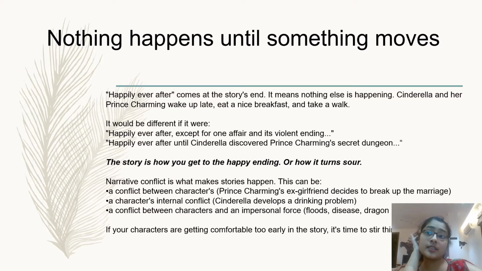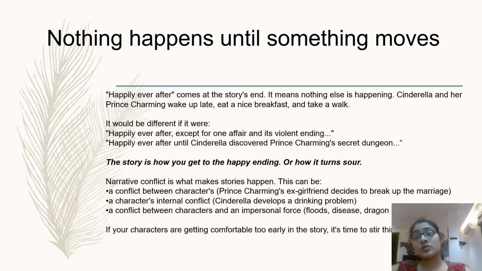If there is a flood in the kingdom, how does Cinderella decide to save her kingdom? Or if there's a disease spreading around, what does she do? Or if a dragon decides to come and visit her town and her kingdom, how will she protect her kingdom? These are all examples of drama and things which make the story interesting.